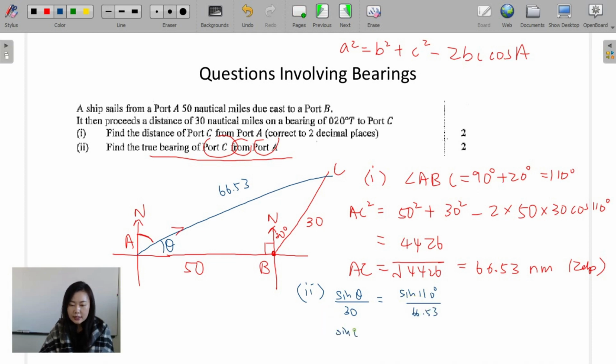So sine theta is equal to 30 times sine 110 on 66.53. So sine theta is equal to, let's see the magic of our calculator, 0.424, and then you inverse sine that.